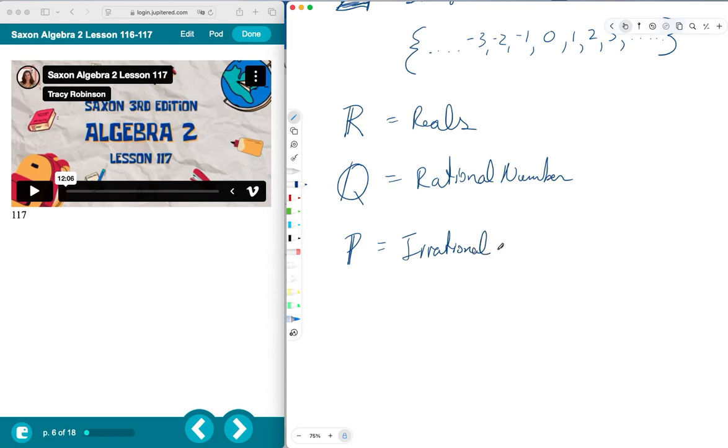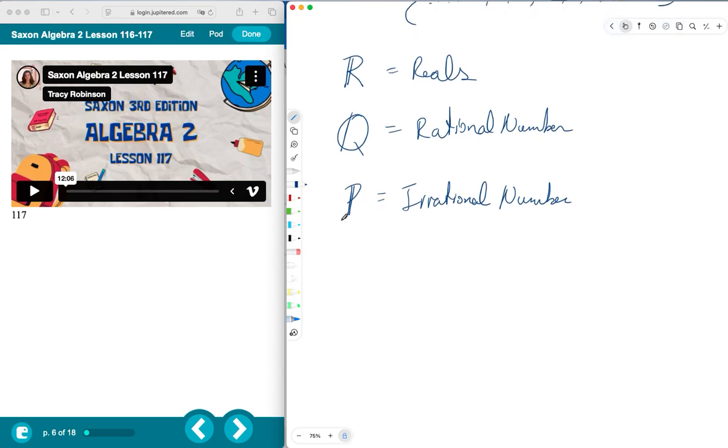An irrational number is any non-repeating, non-terminating decimal, a number we can't turn into a fraction. And then there are complex numbers. Complex numbers are those that require the use of a radical symbol or an imaginary number, like the letter i, right?